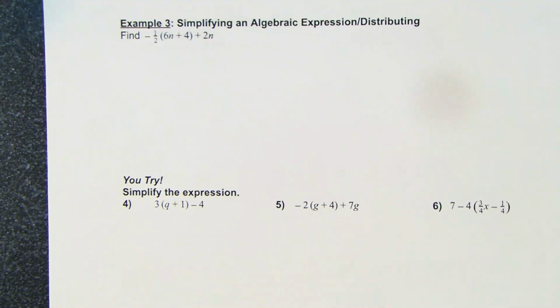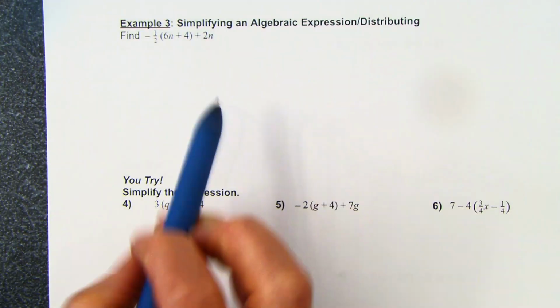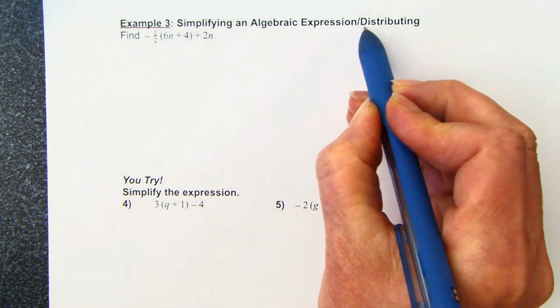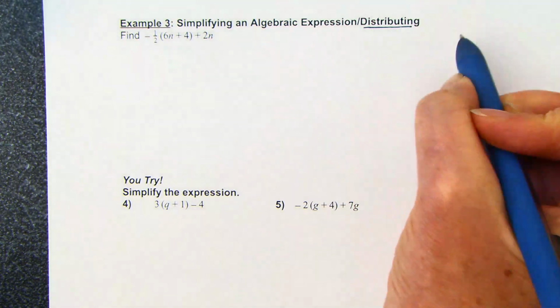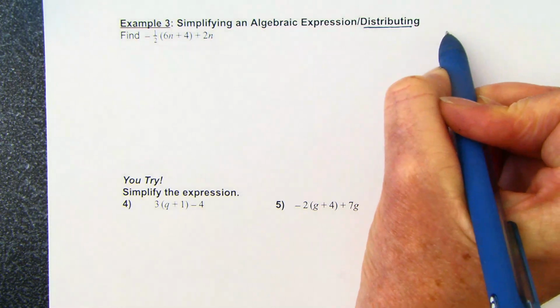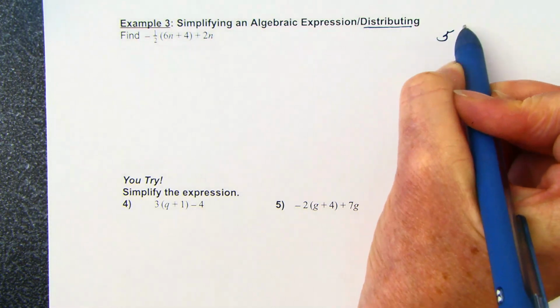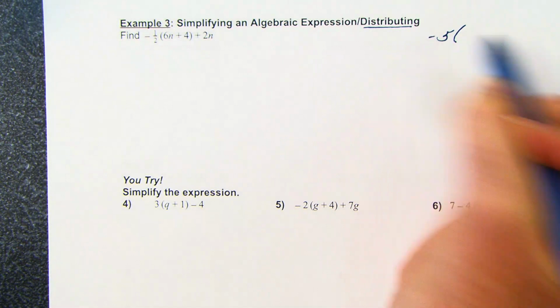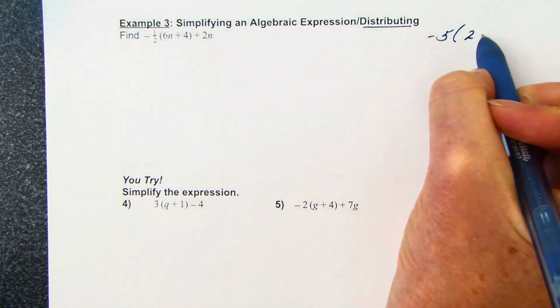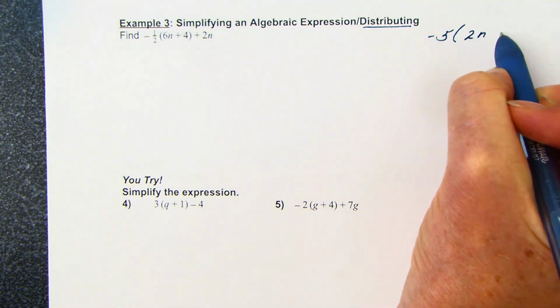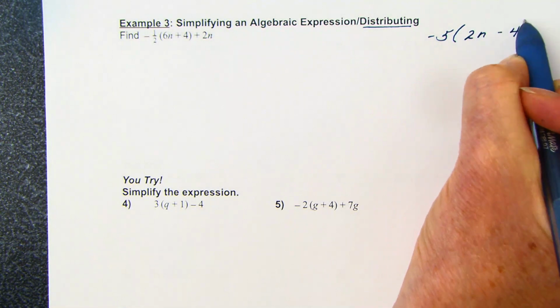Okay, in example 3, we are adding the distributive property. All right, so when you have the distributive property, remember that is when you have some number outside parentheses and it's being, let's throw a negative sign on there, multiplied by 2n minus 4.